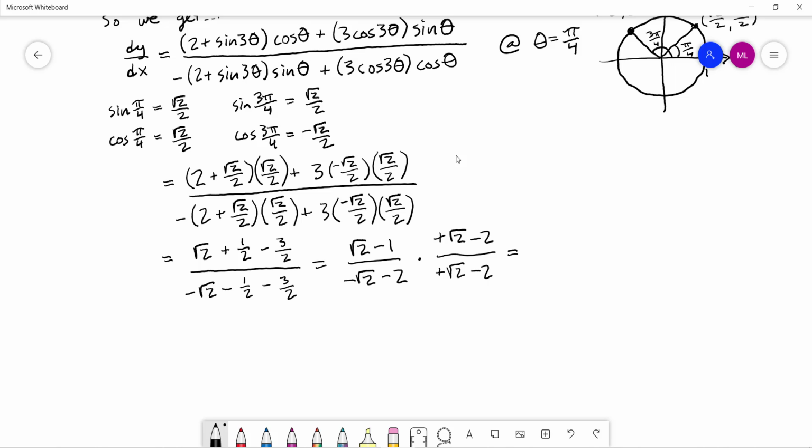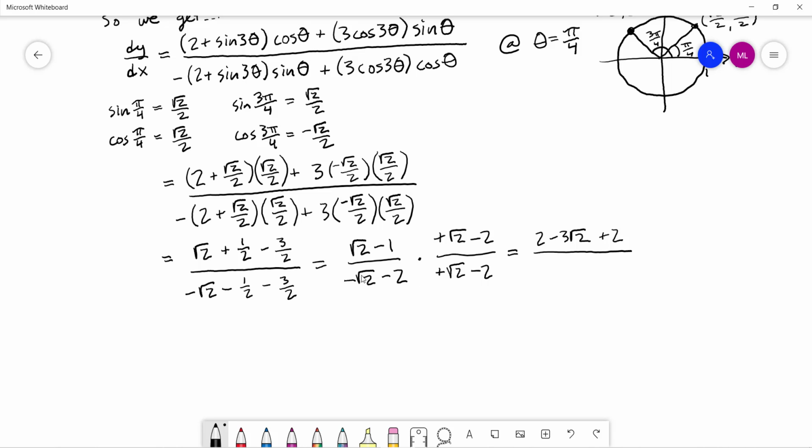On top, what do we get? On top, I'll get root 2 times root 2, which is 2. We'll get minus 2 root 2, minus another root 2, so minus 3 root 2. And then negative 1 times negative 2 is plus 2. So that's the numerator. And on the bottom, we get a nice difference of squares.